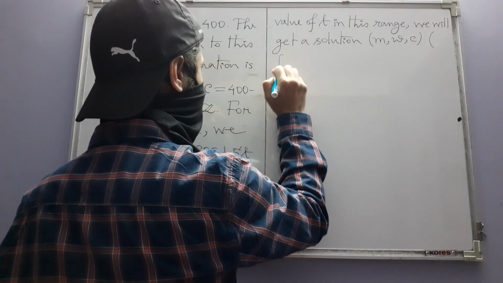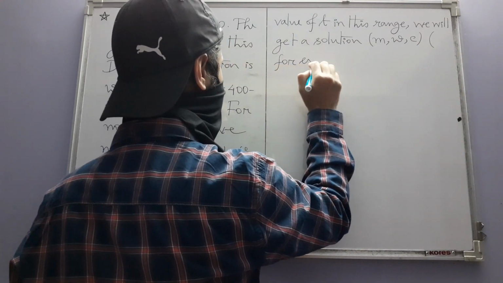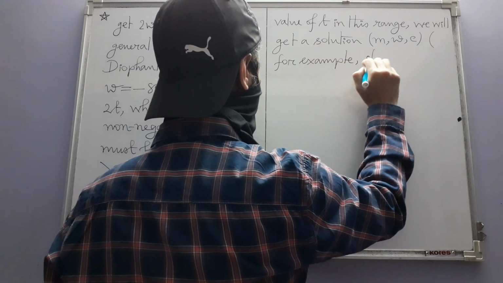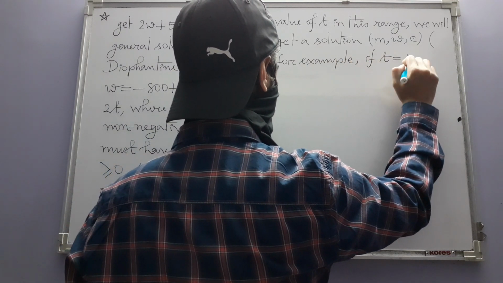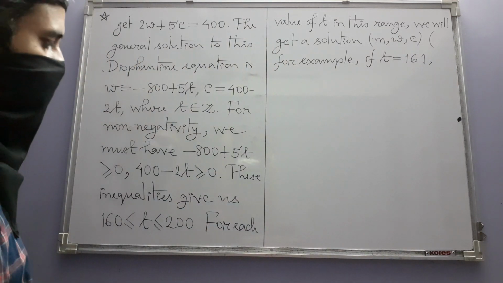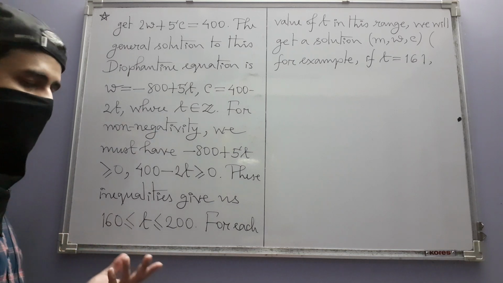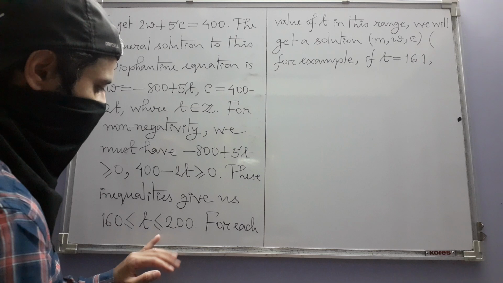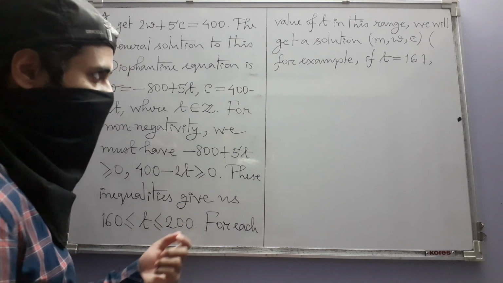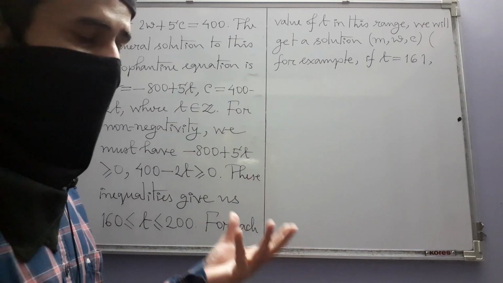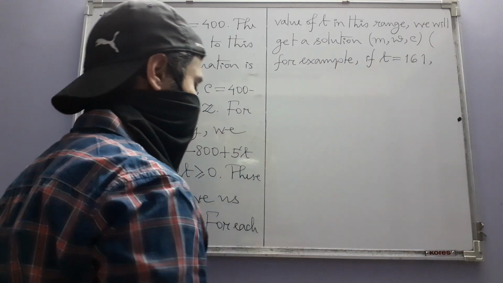For example, if t is say 161, this is an arbitrary choice. If you want, you can take t equal to 160. In fact, you have to take all the possible values. Each one of them is going to give you a solution, but just for the sake of showing how an actual solution looks, we are taking this value.